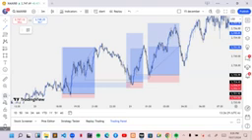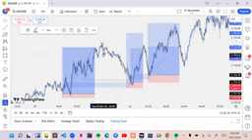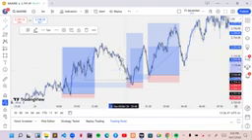And before price approached that point of interest, what was price doing? It was making a series of lower highs and lower lows. So this entire lower highs and lower lows movement here, what does it mean?